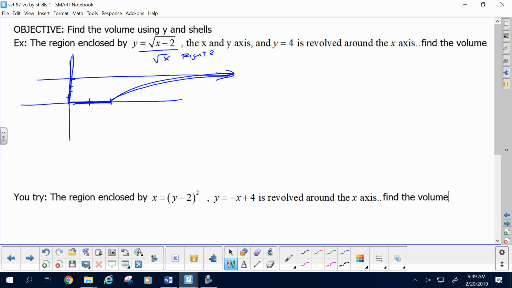Here's this crazy region. You follow me? All right? If this is revolved around the x-axis, then we get a volume of revolution.